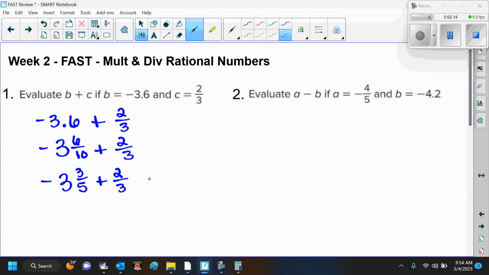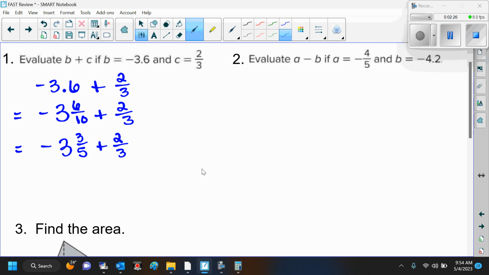Now, because I have integers here, positives and negatives, because I have the signs, I like to change my mixed numbers to improper fractions before I do any calculations, okay? So here, this is going to be negative 3 times 5 is 15 plus 3 is 18.